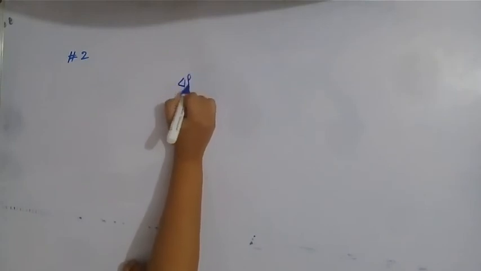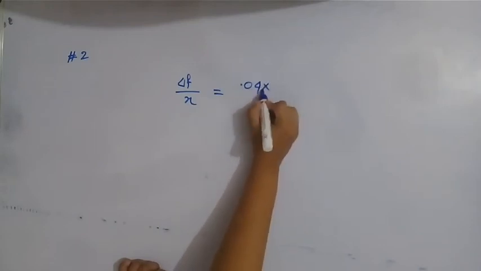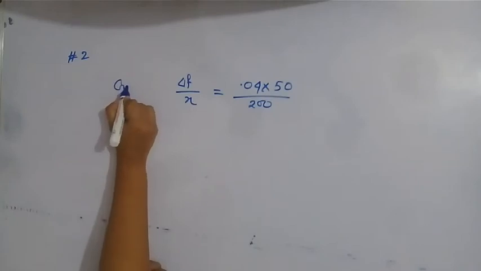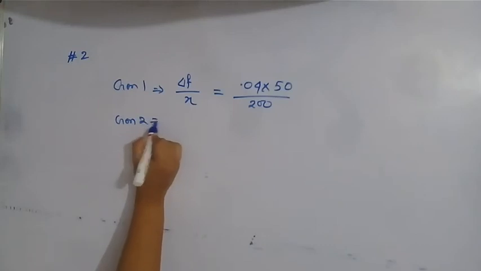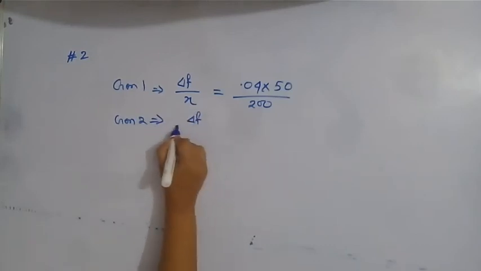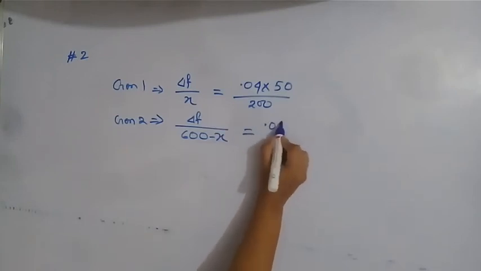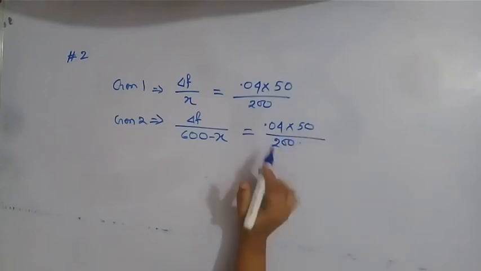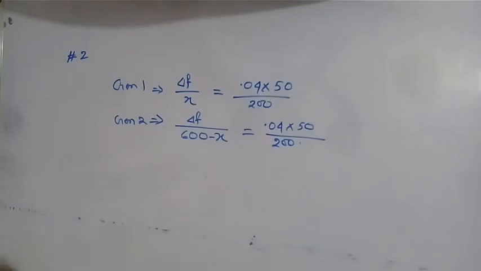So in second situation, delta F by X is equal to 0.04 into 50 by 200 for generator 1, and for generator 2, delta F by 600 minus X is equal to 0.04 into 50 by 400, because here droop characteristics for both the generators are same and it is 4%.